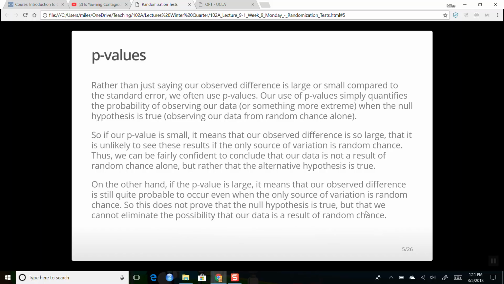On the other hand, if the p-value is large, it means that the difference that we get could be a result of random sampling, and we don't want to just discount that possibility. Okay, so we are unable to disprove the null hypothesis, but at the same time, it does not prove that the null hypothesis is true.